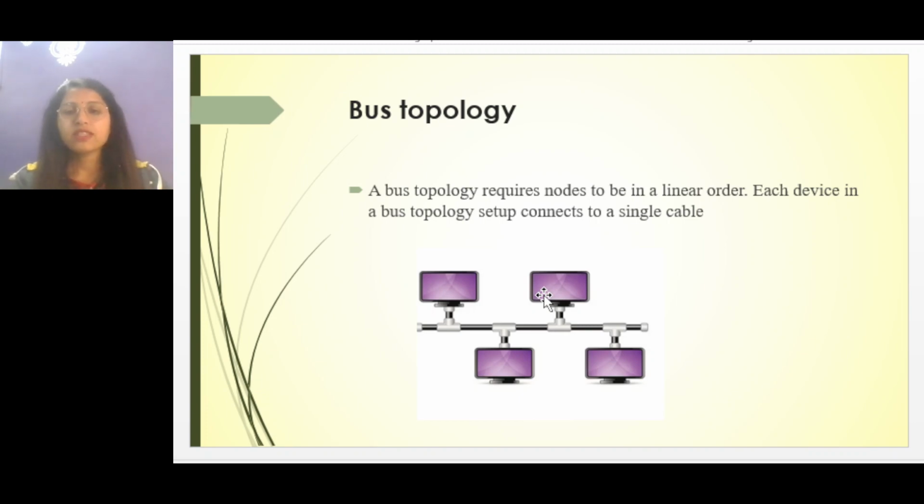If one system wants to send a message, it will be received by every system, but they will discard the packet because the destination address is for the particular system only. For example, if this is A, this is B, this is C, and this is D, and A wants to send to D, it will send the message. It will be received by B and by C also, but B and C will discard the message.